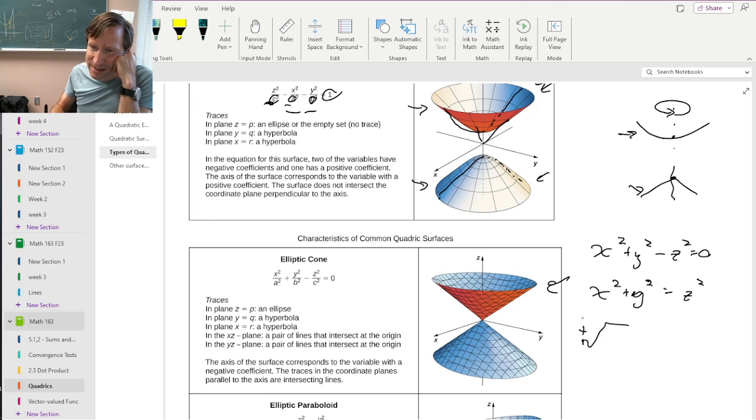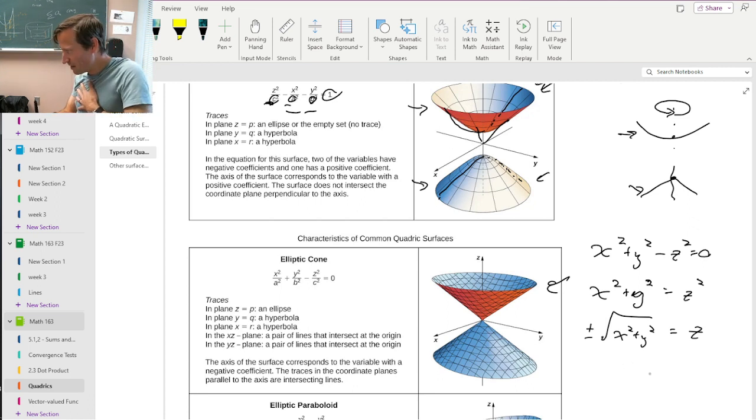plus or minus the square root of x squared plus y squared equals z. But x squared plus y squared, that's distance from the z-axis. So we might write that plus or minus r equals z.